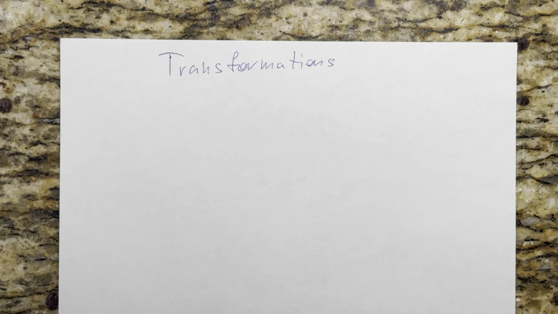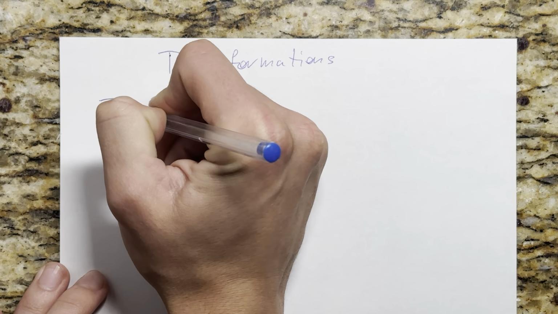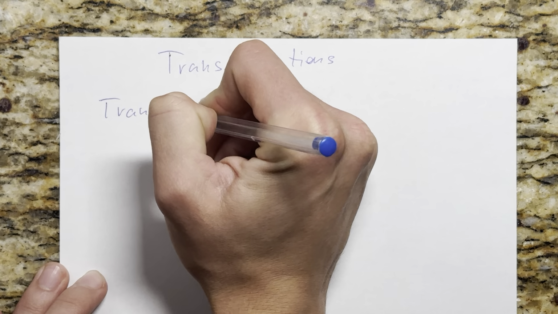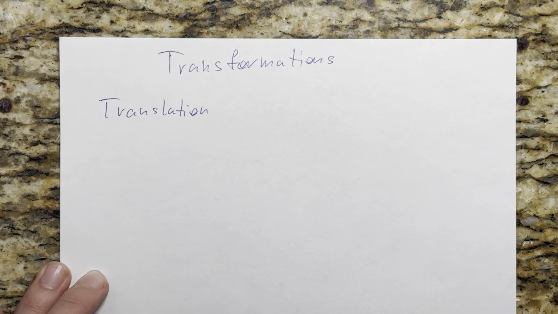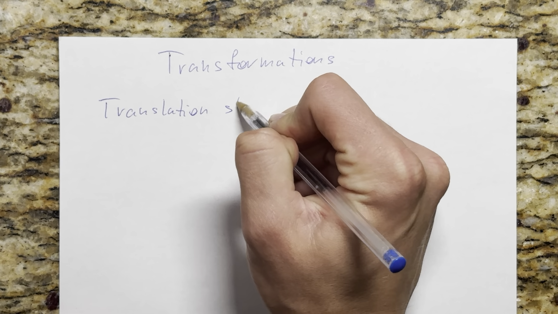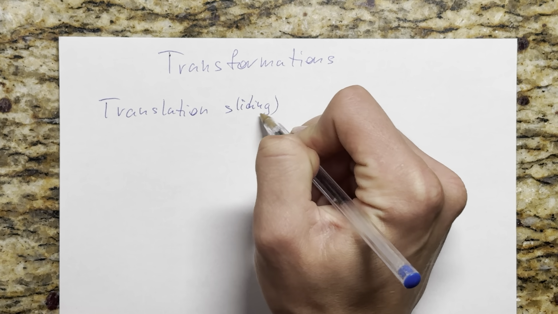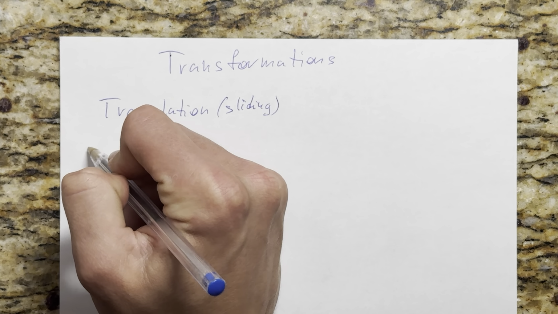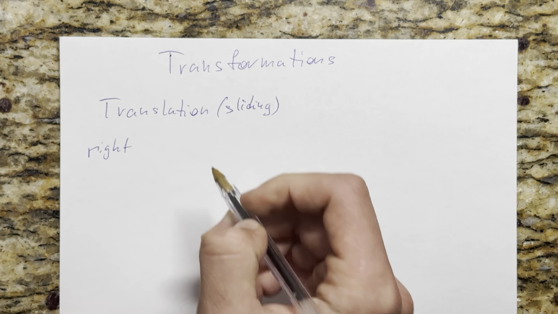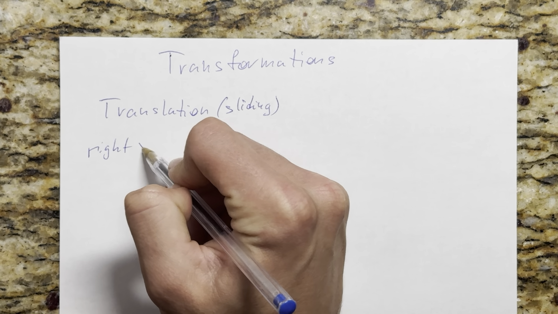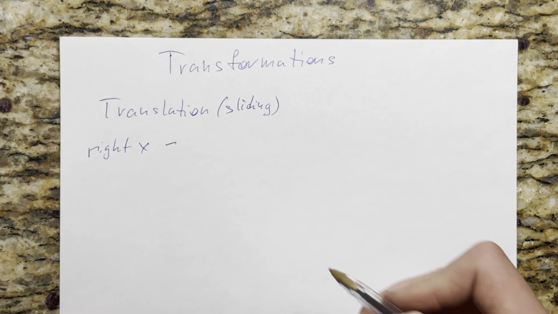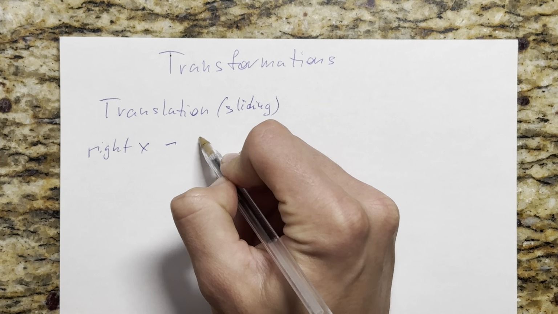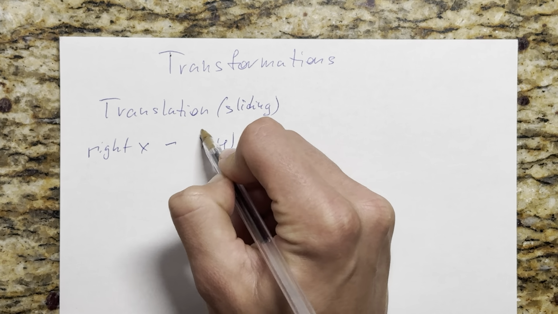Okay, so today we'll cover translation. That's our first type of transformation, which is basically sliding on the coordinate plane. If we want to translate something right, like x tiles, in notation the point is xy.